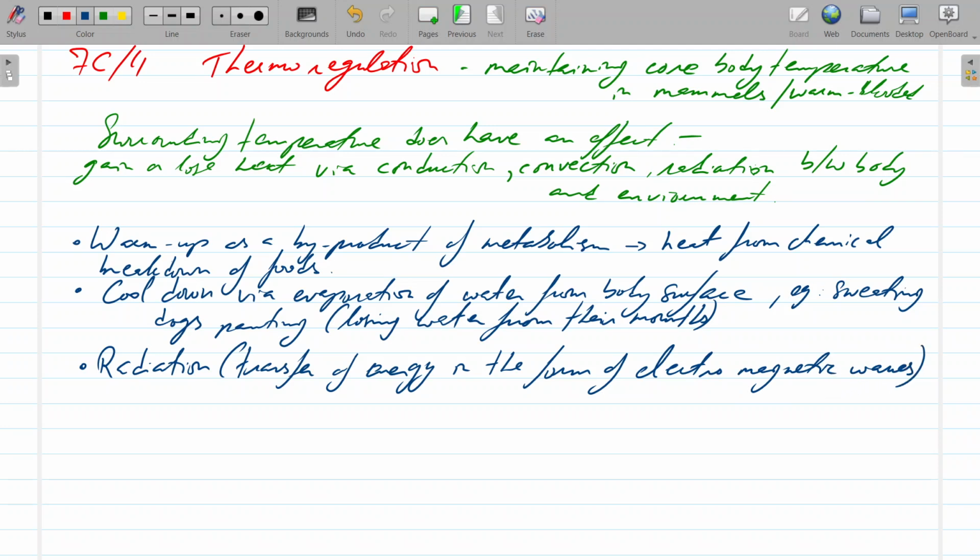And in that, infrared radiation. So IR, infrared, is the electromagnetic radiation via which heat can be gained or lost by animals.